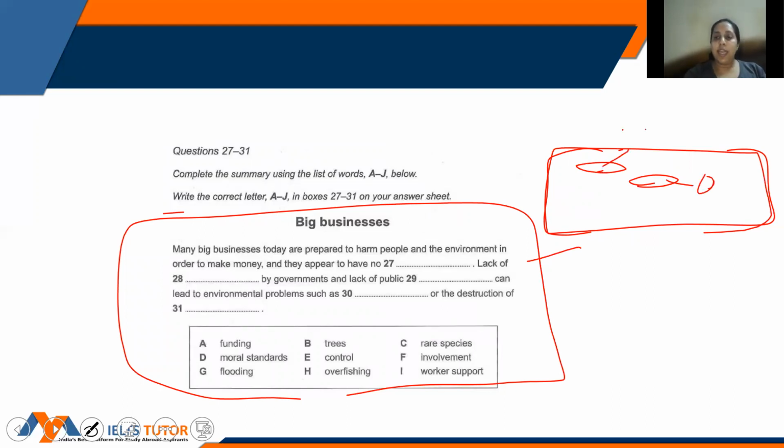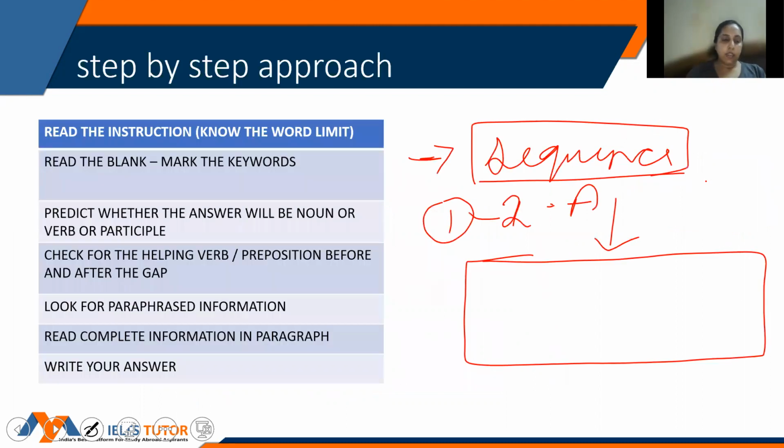In case you are finding the answers in a single paragraph, because the information is transformed from active to passive and sentence structures are changed, you have to read the complete paragraph, linking it with the information given in the question. Okay, clear everyone? Yes, ma'am.